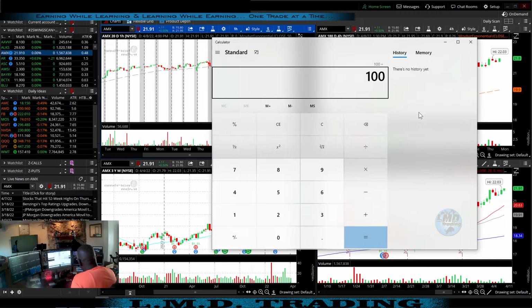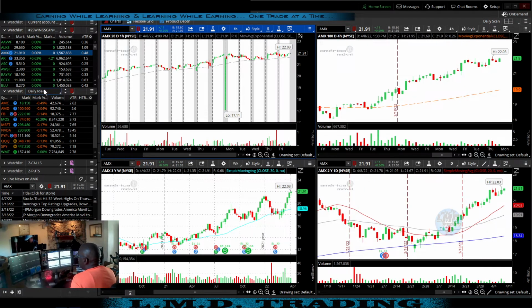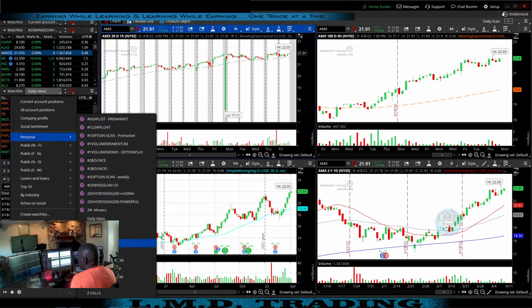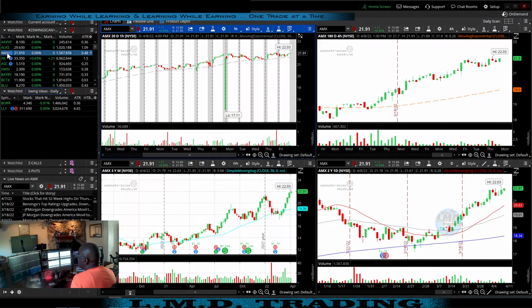So again, 100 divided by 0.75. Now I need to buy 133. So I round it down to 130 shares. So what I'm gonna do, I'm gonna go to my swing ideas, and I'm gonna just drop this one down there. So I can keep that on my radar.